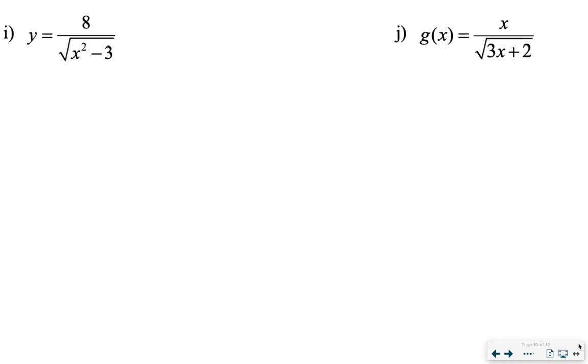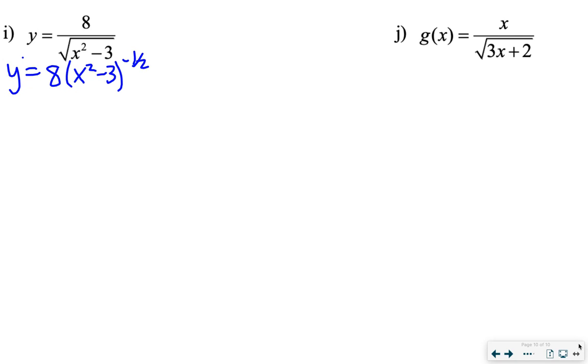Okay, again, got a nice constant on top, so let's change this to a negative exponent. So y is equal to 8 times (x squared minus 3) to the negative 1/2.